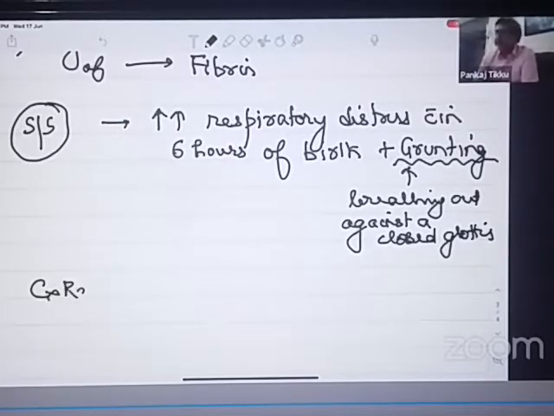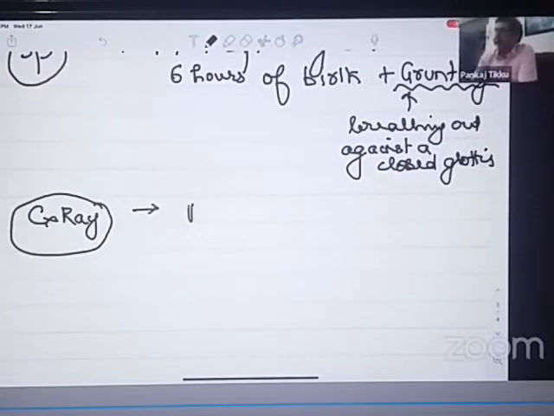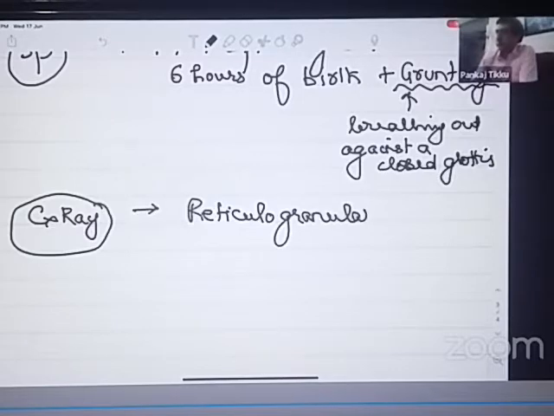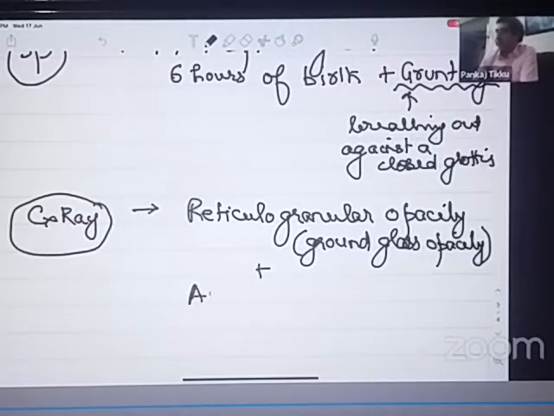The chest X-ray signs of this disease are very important. Typical chest X-ray signs are reticulogranular opacity, which is also called ground glass opacity, along with air bronchograms.